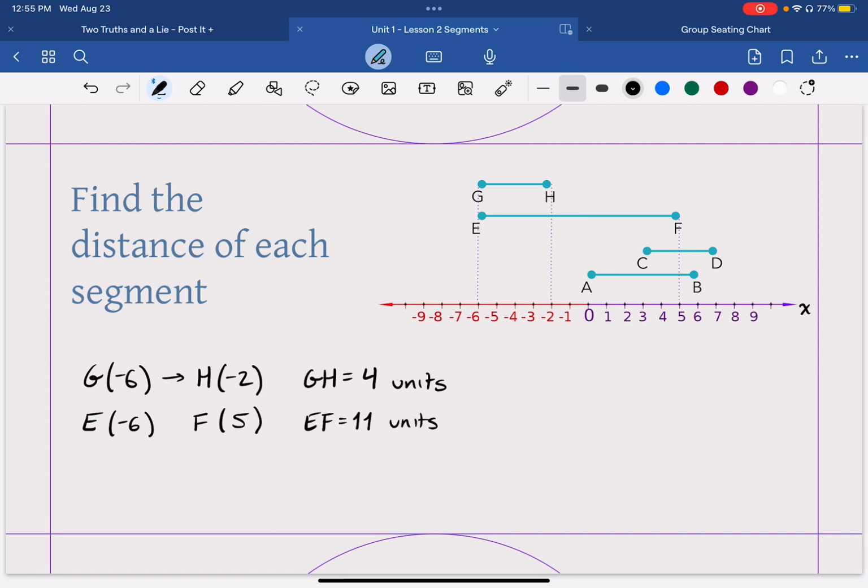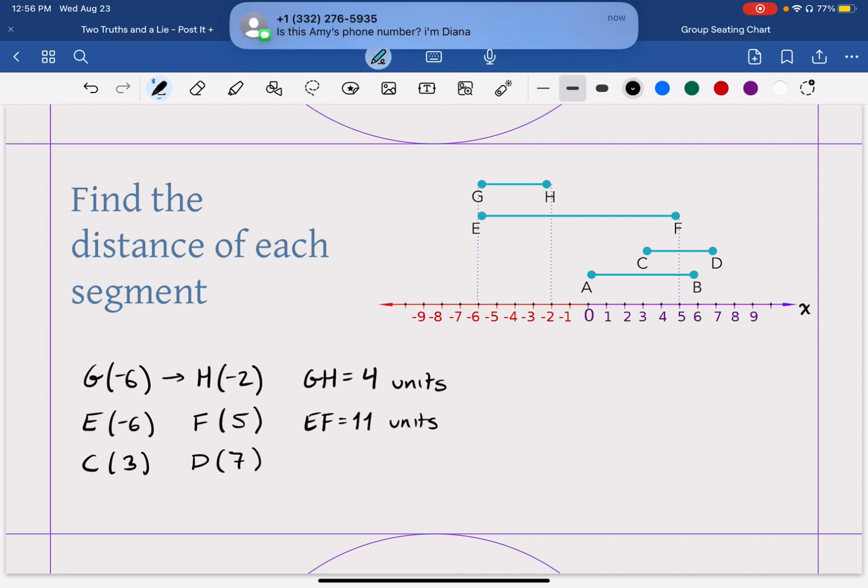Let's go to 3. Let's go from C to D. So we're going to go from 3. And then D is going to be at 7. Well, this is fairly easy because they're both positive. So we can see that, okay, well, 3 to 7, that's going to be 4 units long.